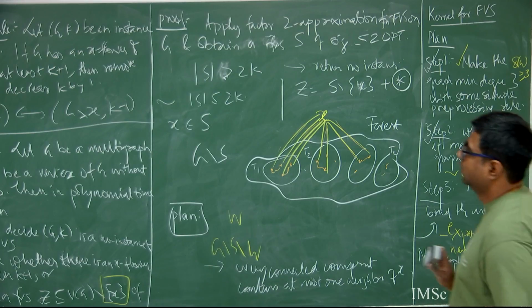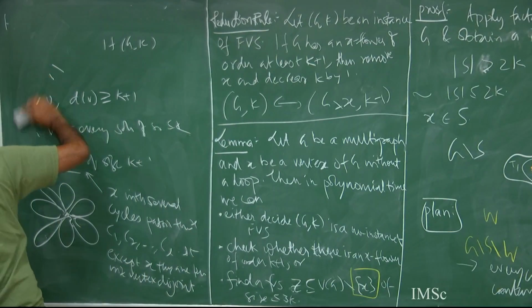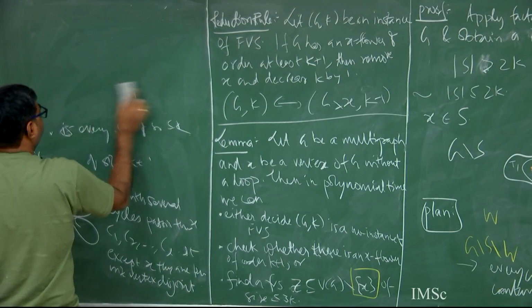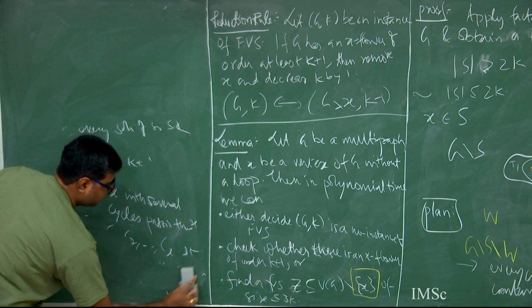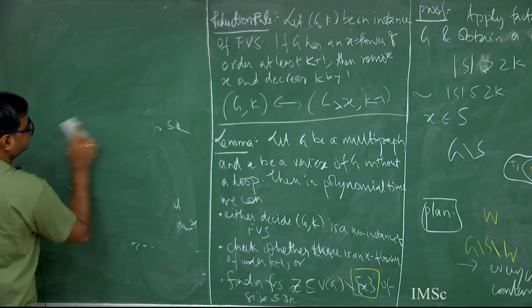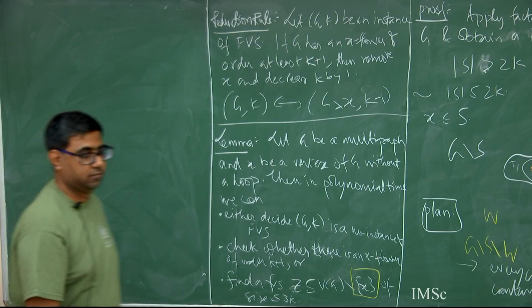Okay, so what we are going to do, we are smart people. So I'm going to concentrate the process on one tree, and we will repeat this process for every tree.